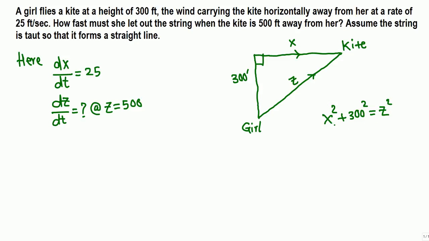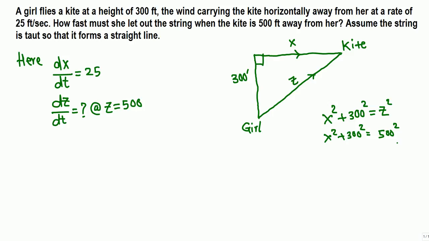Let's find the value of x when g is 500. When g is 500, as given in the question, x square plus 300 square equals 500 square.